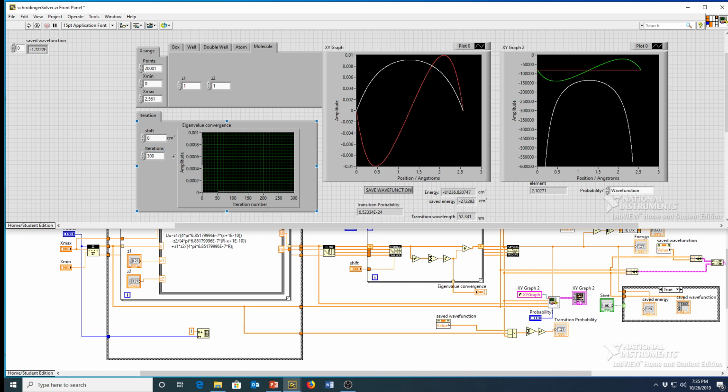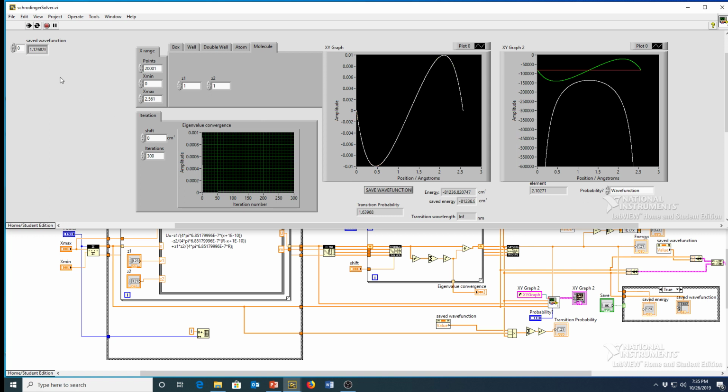And so we can calculate molecular transitions. So here's the excited state here. I'll just save that as a wave function. And then I'll shift down to the ground state. This transition should be allowed.